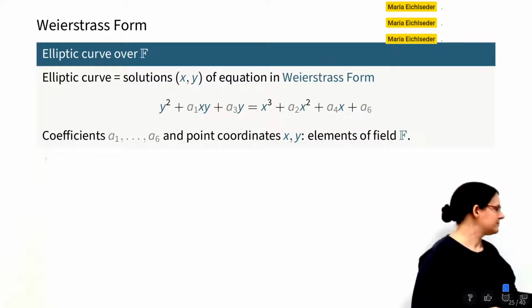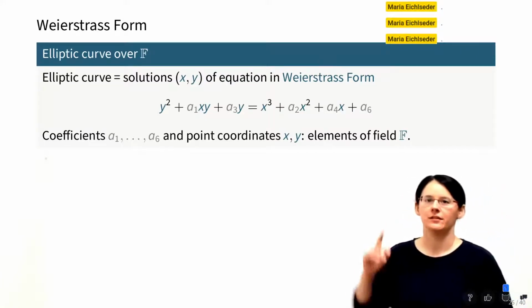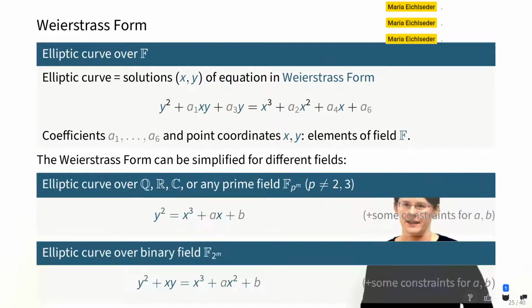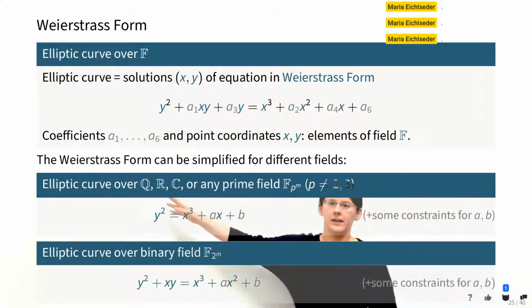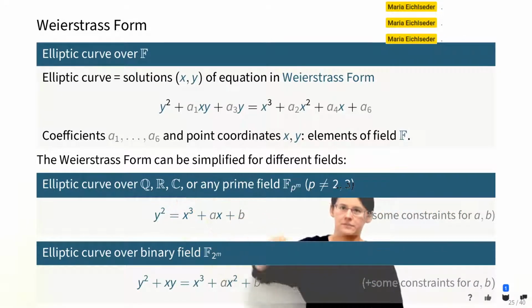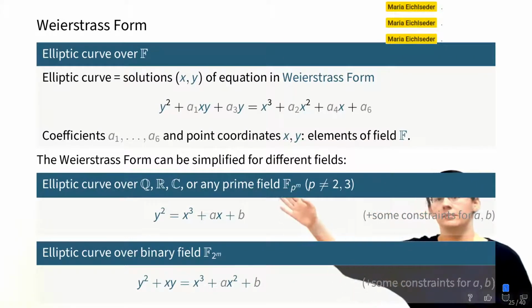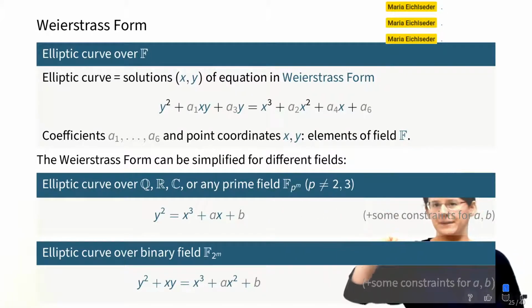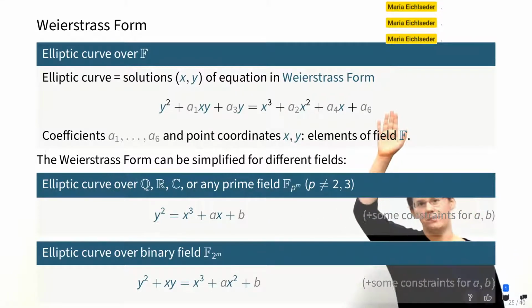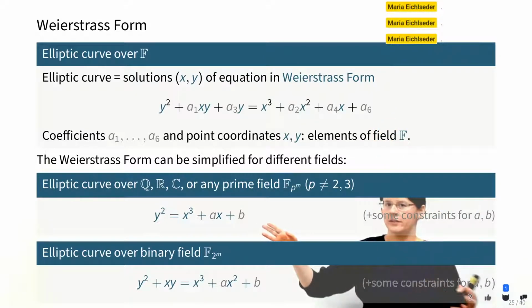There are some simplifications possible depending on which field I'm computing in exactly. If I know that I'm working either in an infinite field like the real numbers or the complex numbers, or in a prime field with p to the power of n elements where p is neither 2 nor 3, then I can simplify this complicated equation to this one here by doing some coordinate transformations.